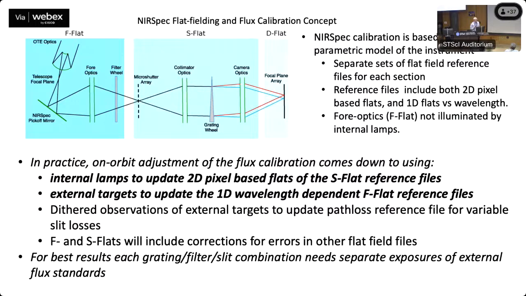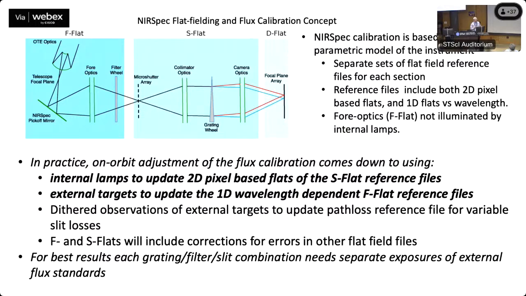Another thing you have to keep in mind, though, is the original calibration concept divided the instrument essentially into the detector, the spectrograph, and the fore optics. And in principle, there's a separate set of reference files, both pixel by pixel and throughput versus wavelength for each of these sections. However, most of those have to be either theoretically calculated or done from ground-based measurements, some of which can't be repeated on orbit in practice.